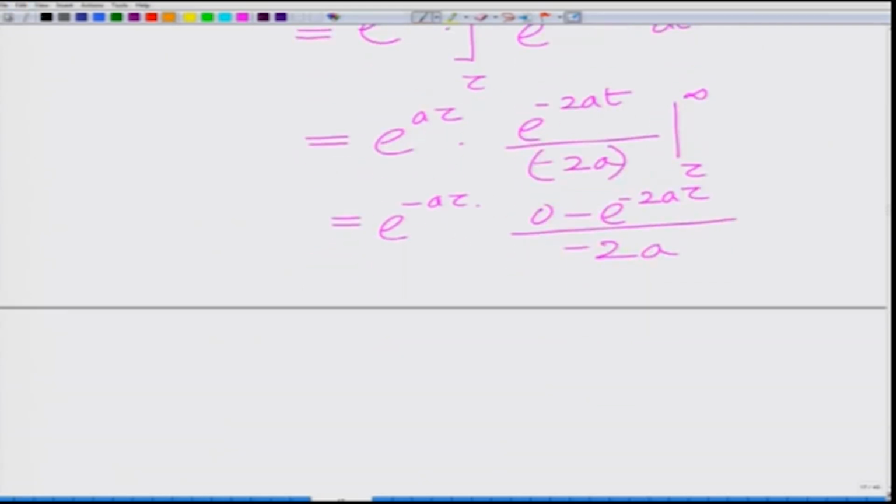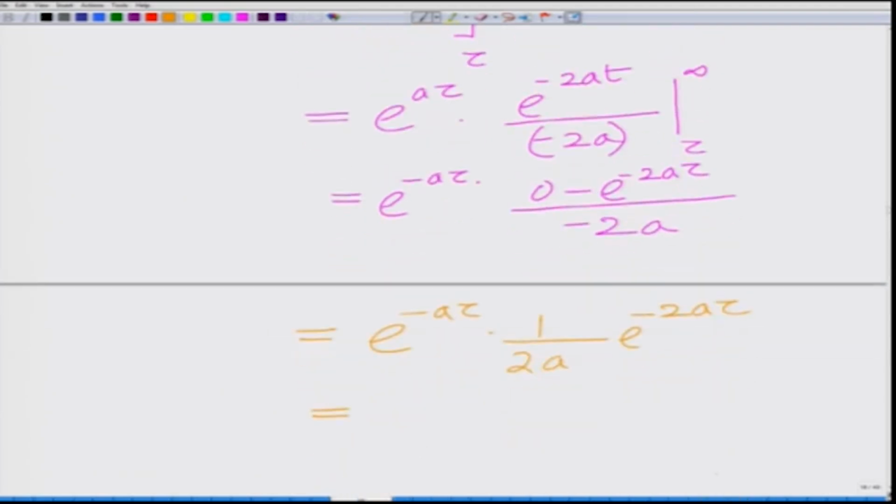This is e to the power of a tau times 1 over 2a e to the power of minus 2a tau, so this will be 1 over 2a e to the power of minus a tau.